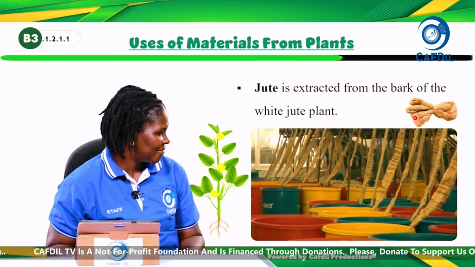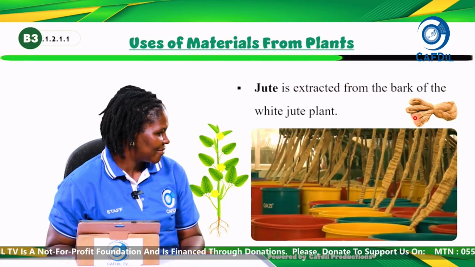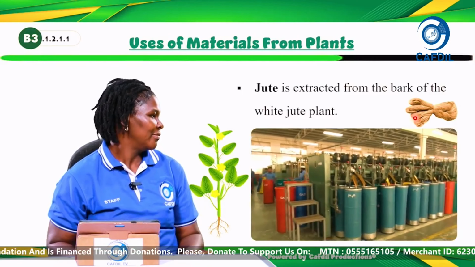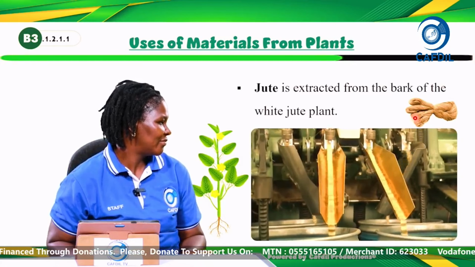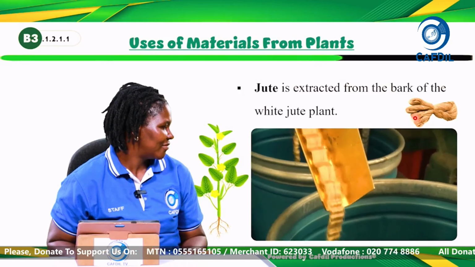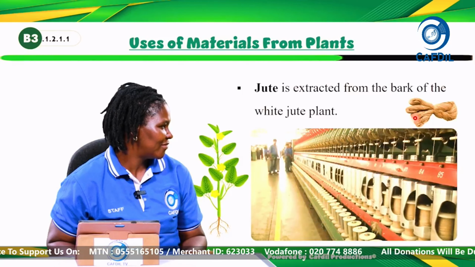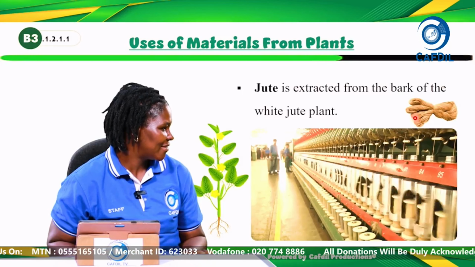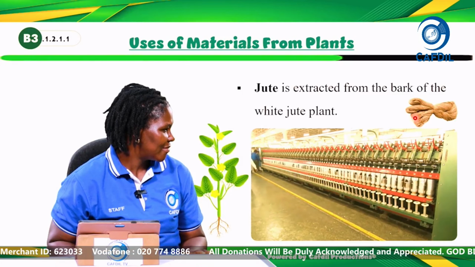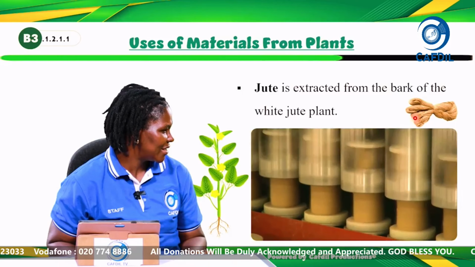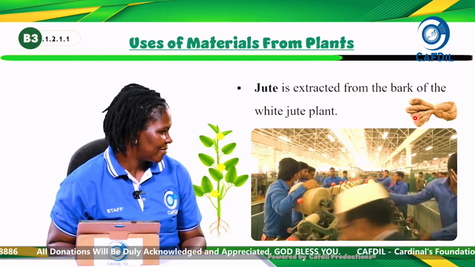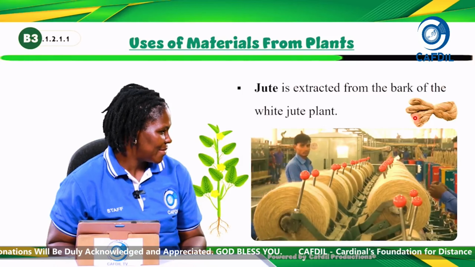Look at what they are doing. So it goes through so many processes. We have a big machine here and they will roll it, and they will get the material.